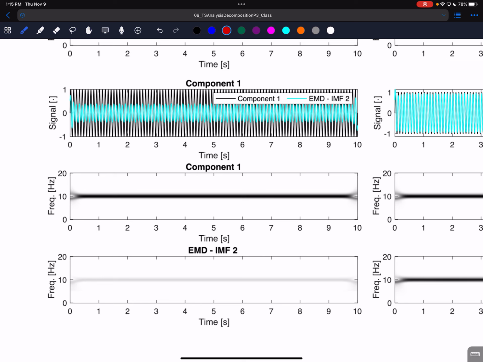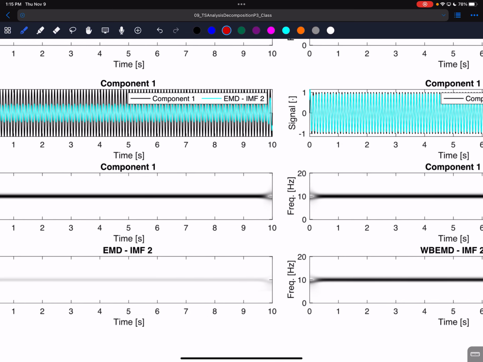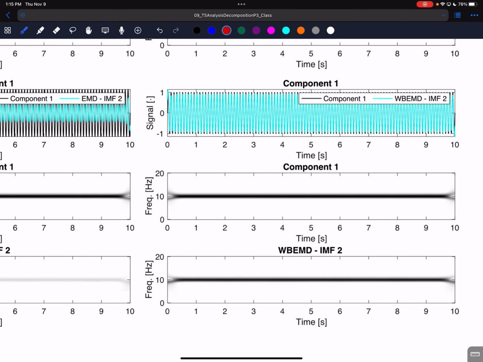It tends to happen when the highest frequency mixes with the next frequency. If we take a look at the extraction using the wavelet bounded EMD, it does a much better job of matching that amplitude. It's not perfect though. It is representative of what's going on there, and it does not have any mixing involved there as well.